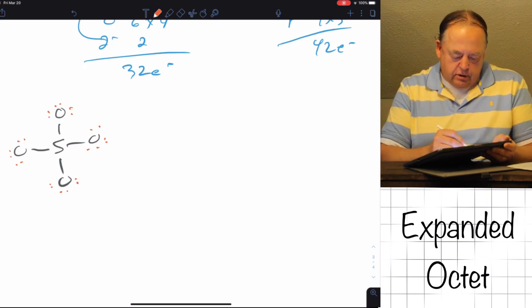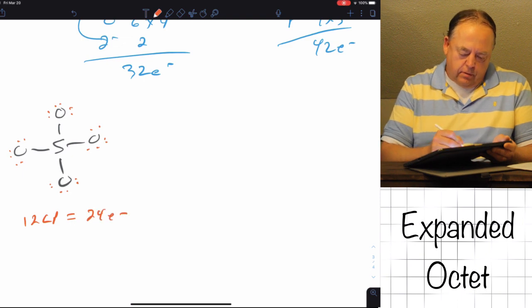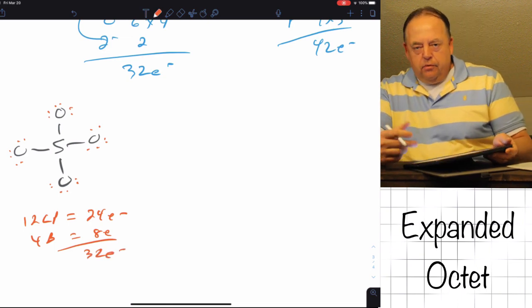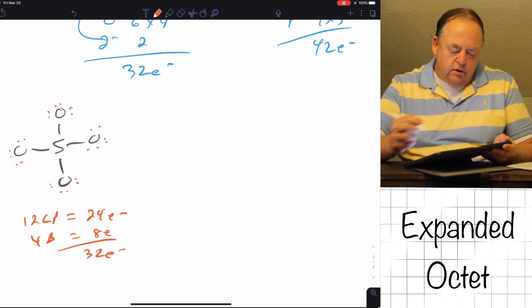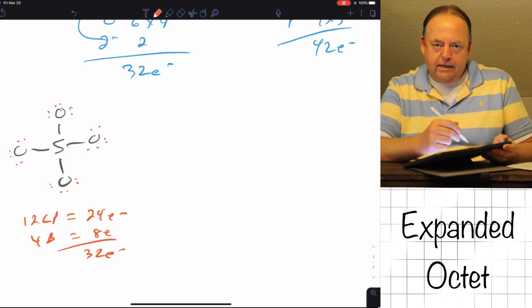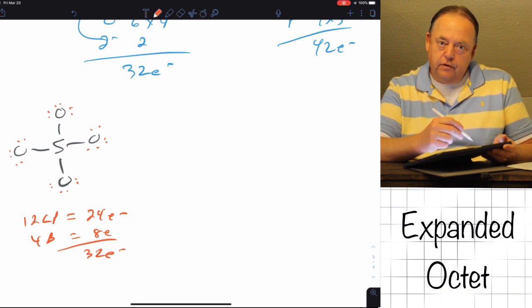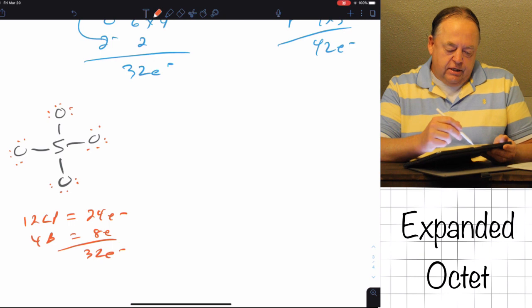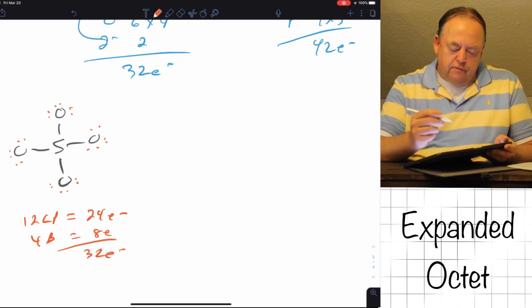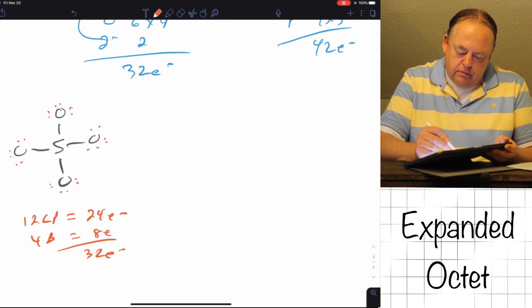There's 4 oxygens, so that's 12 lone pairs, which equals 24 electrons, and 4 bonds equals 8 electrons, so that's 32 electrons. That's the right number of electrons. Sulfur has 4 bonds, so 8 electrons, so its octet rule is filled. Oxygen has 8 electrons, so its octet rule is filled. So that's an okay structure for SO4 2-, but sometimes you would see SO4 2- drawn like this instead.